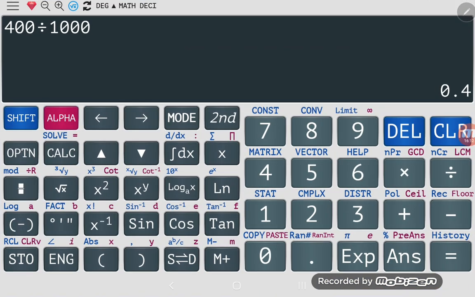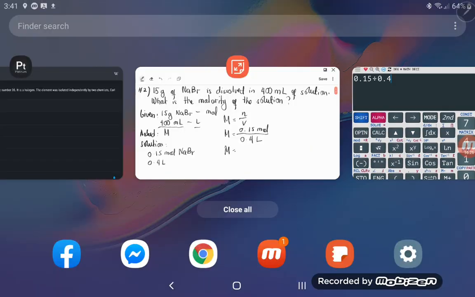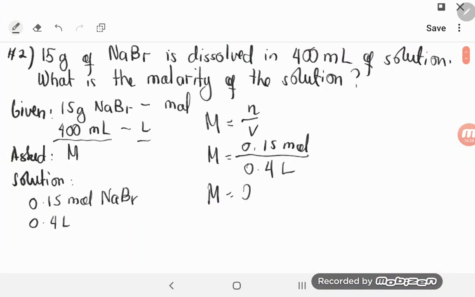Okay, so let's clear this out. 0.15 divided by 0.4, that gives us now the answer of 0.38. Let's round it off to 0.38. So that is now your final answer.